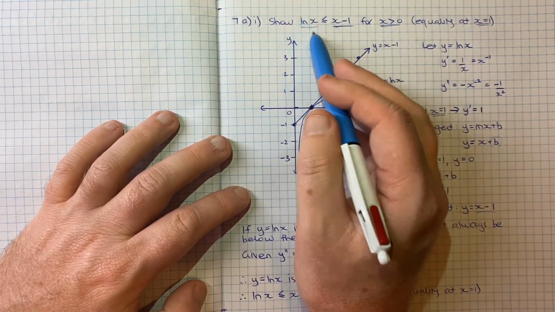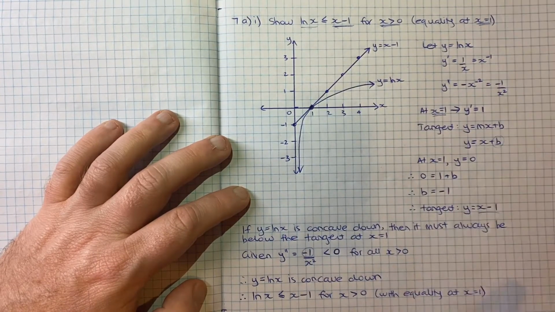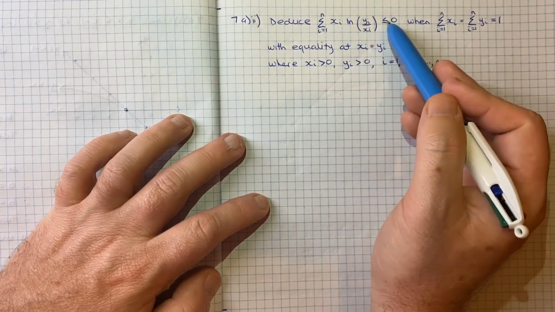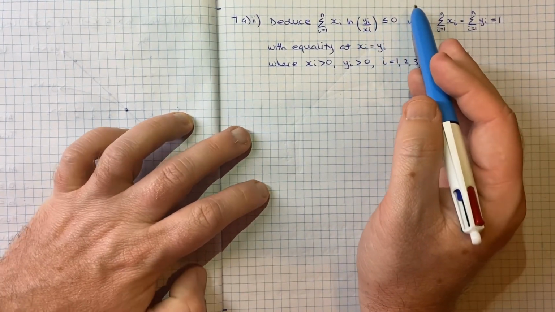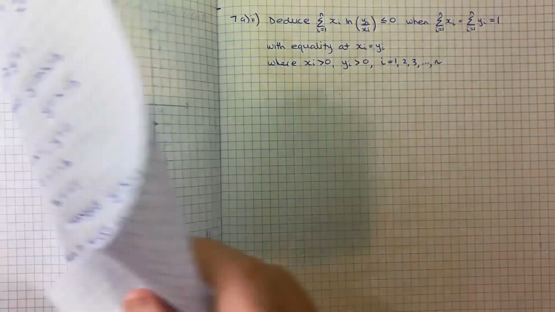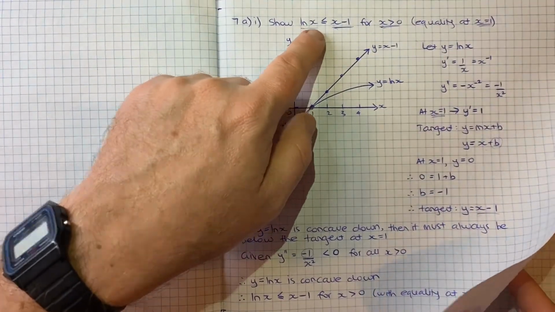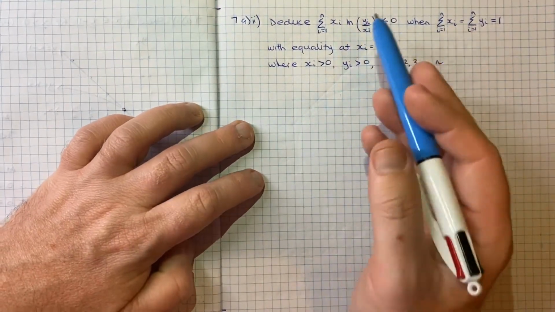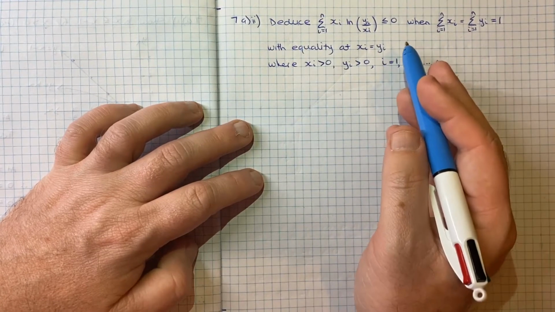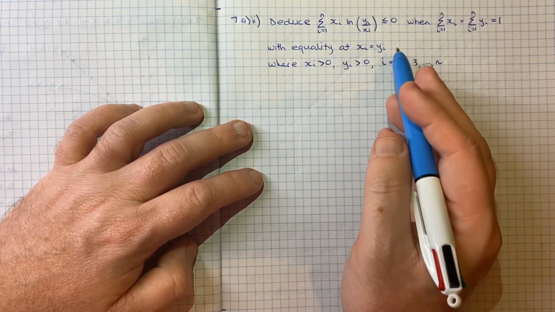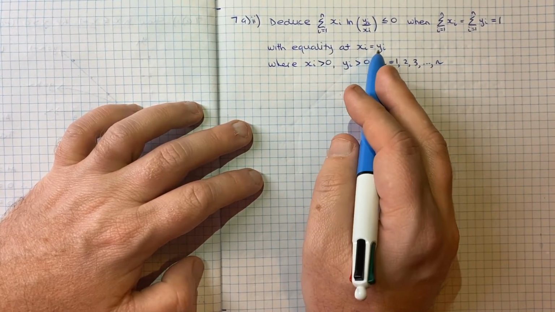We've got this log x, and we've got this inequality. And here we've got a log of something and an inequality. So you can see how, as long as we define what x should be, I think we're going to get there without too much trouble. But I think the trick here is, how do you define x? And because here we've got xi's and yi's, it might not leap out immediately.